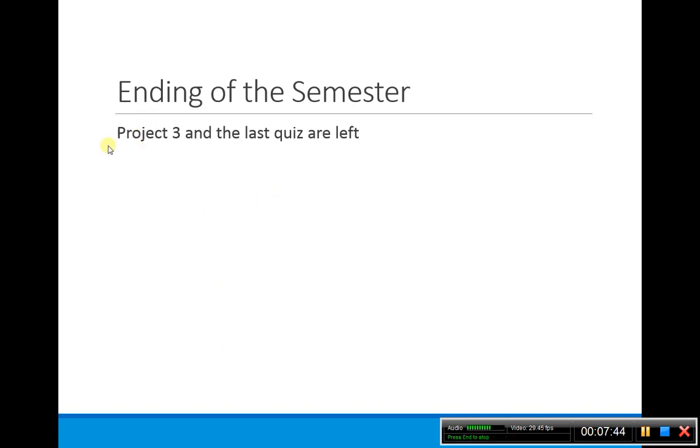Okay, so this is the end of the semester, and so what you have left is project 3. Project 3 simply involves 3 different models, and all the new stuff that you're doing is implementing the stochastic differential equation, so deriving this stochastic differential equation and numerically implementing it, and then simply comparing it to your ODE and to your continuous time Markov chain.